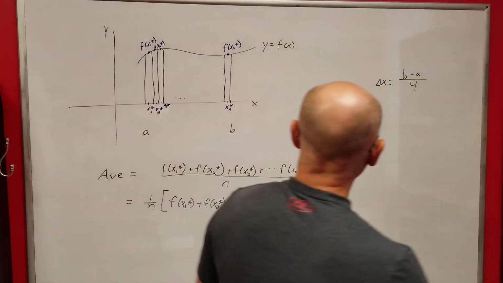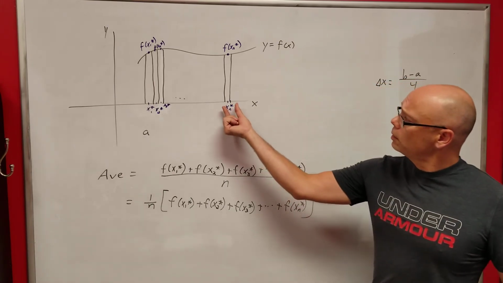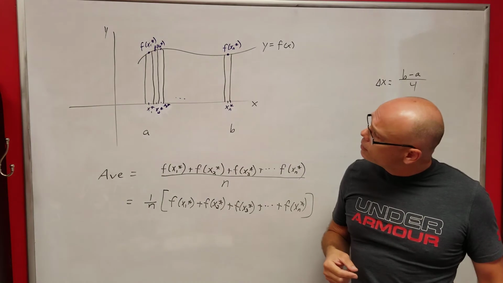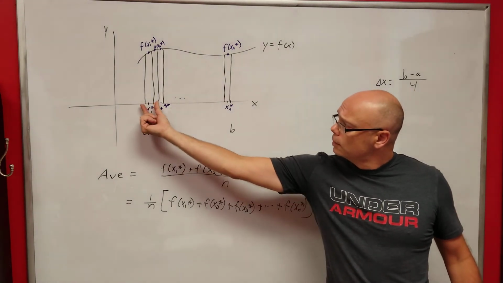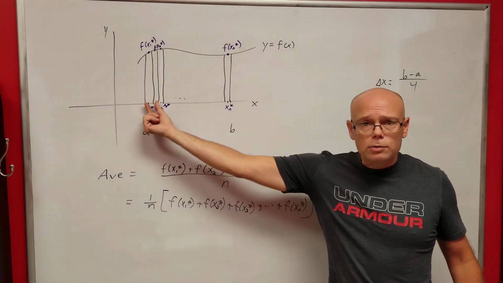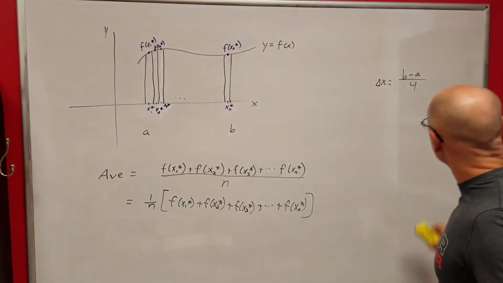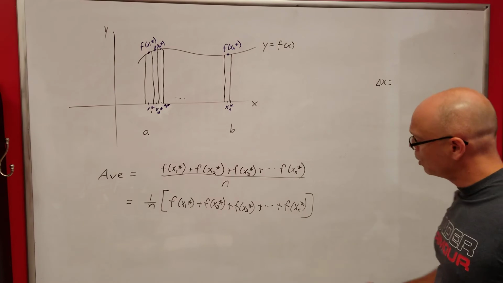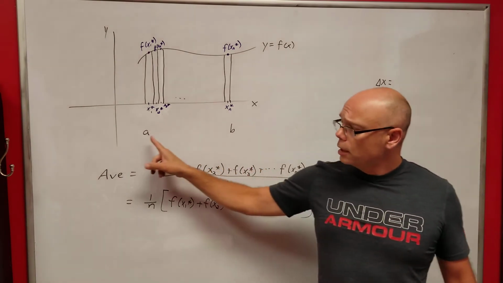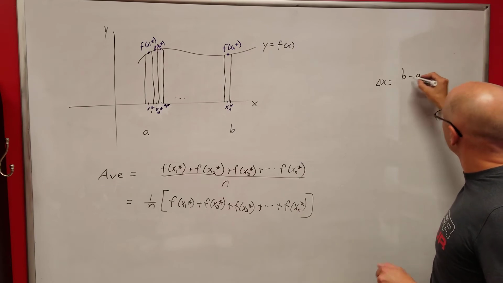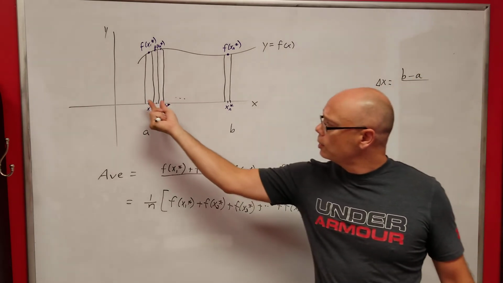Now earlier, whenever we talked about the width of each one of those partitions, each one of these intervals that I ended up breaking it up into, I said the width was what? It's the width of the interval, b minus a, divided by the number of partitions you made.